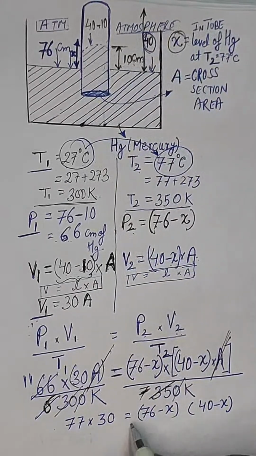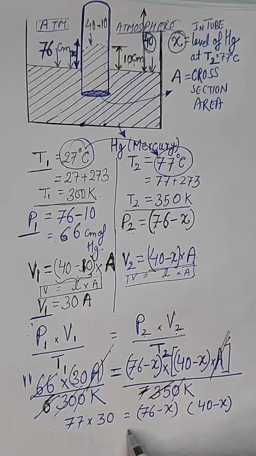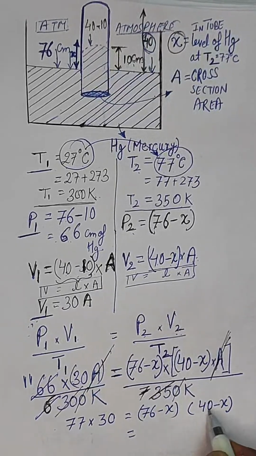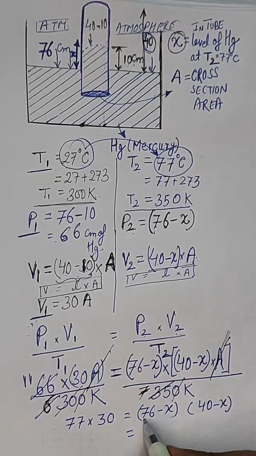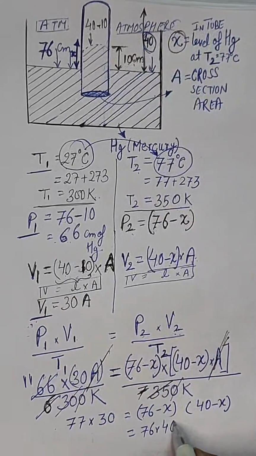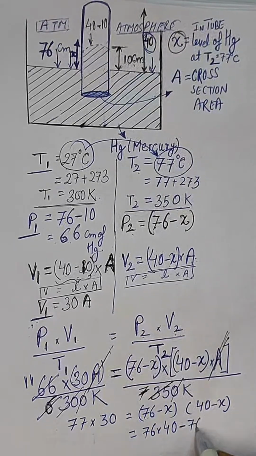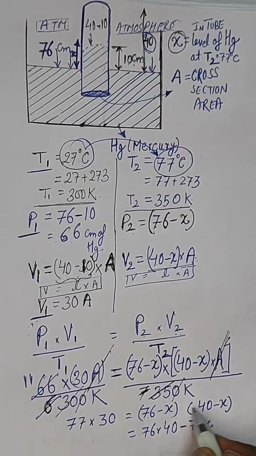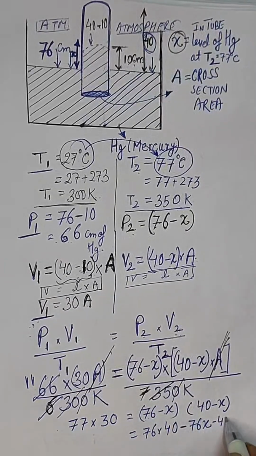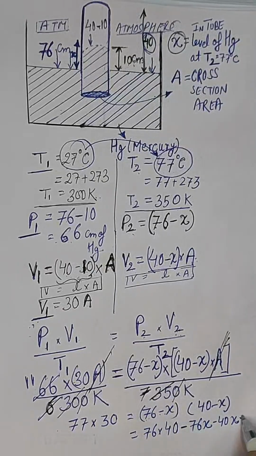And when you further solve it, this will be into the RHS. This will give you a quadratic, I can see. 76 into 40, and minus 76x, and this again minus 40x, and then x square.